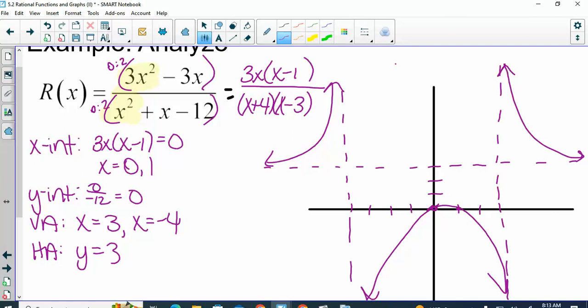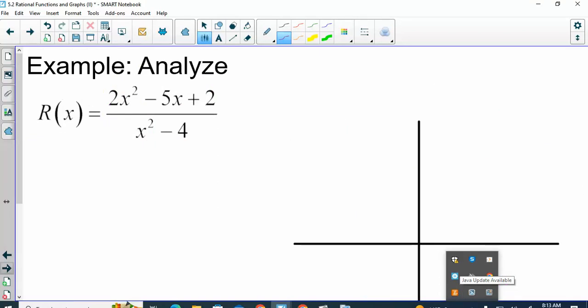We need to do one more. Open slide, so you would have x squared minus 5x plus 4.